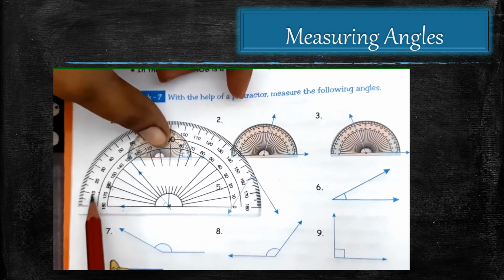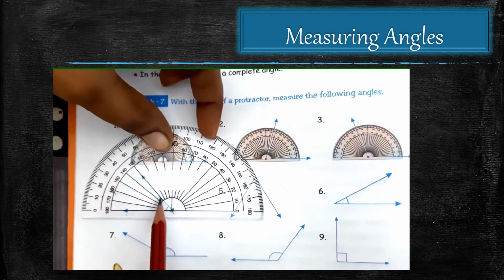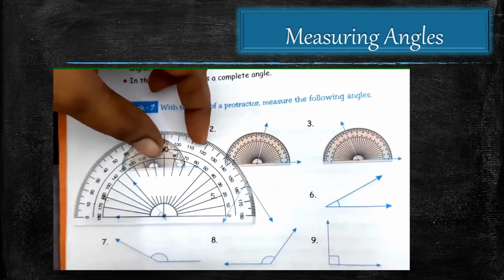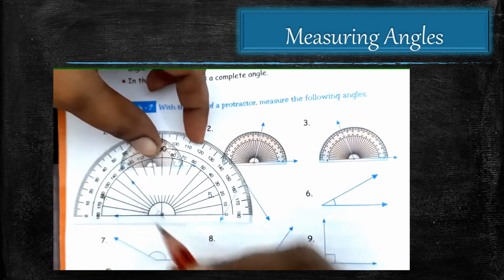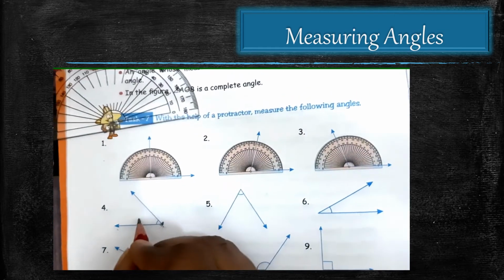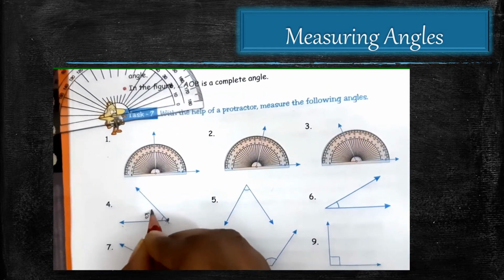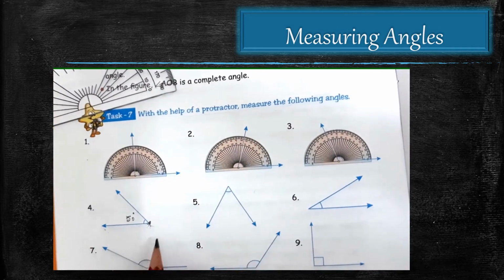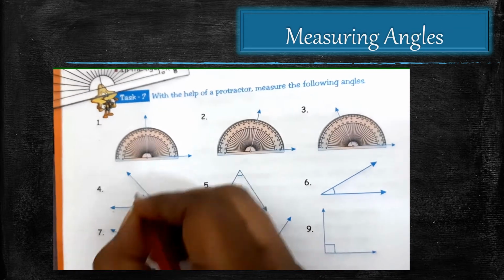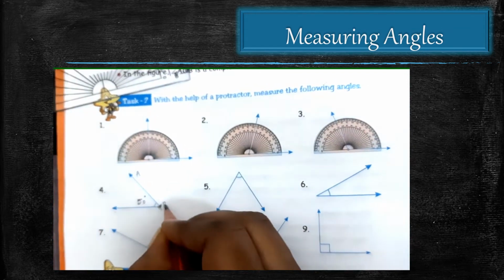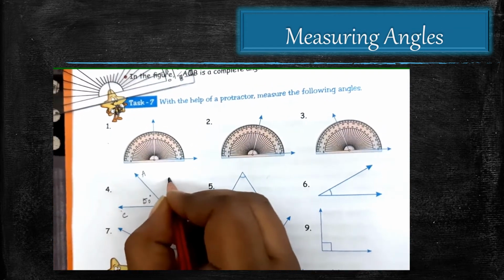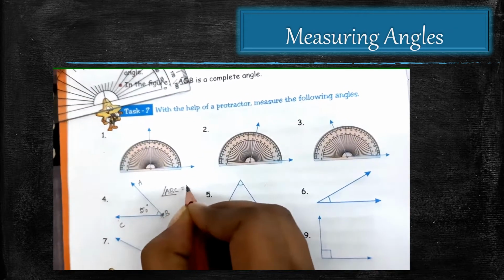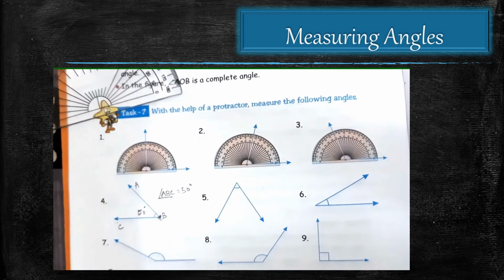Here 0, 10, 20, 30, and can you see it is going exactly to 50 degrees. So the angle is measuring 50 degrees. They didn't name the angle, so let us name the angle A, B, C, and you can write it as angle ABC is equal to 50 degrees.